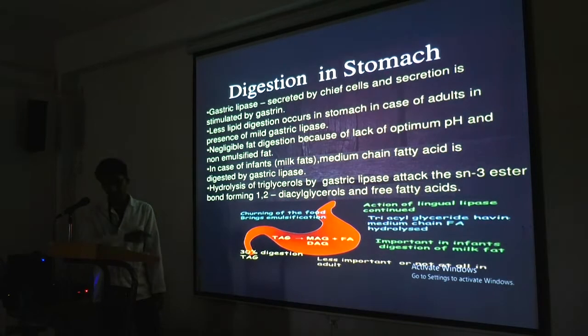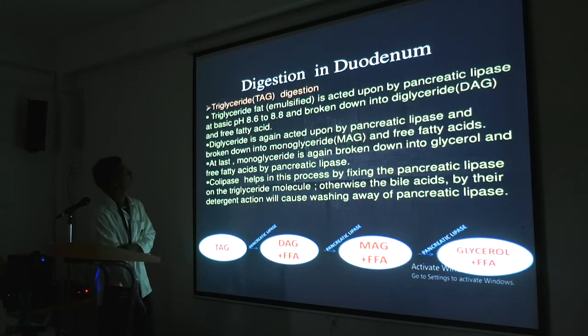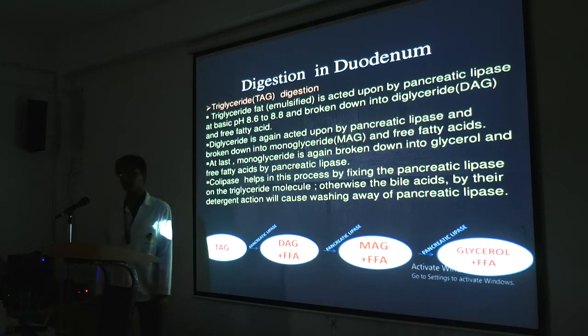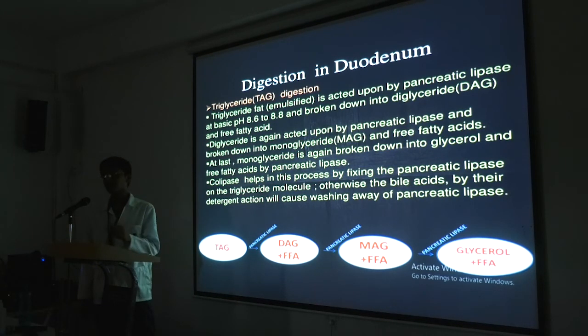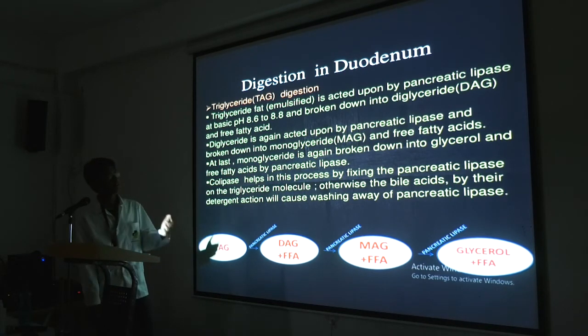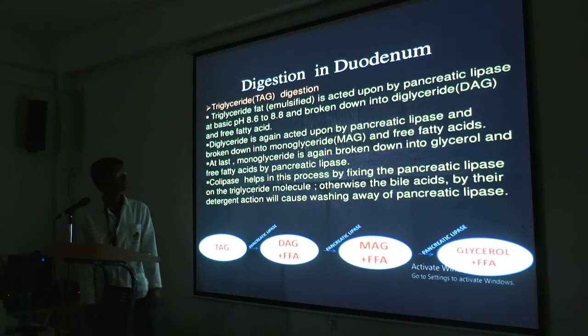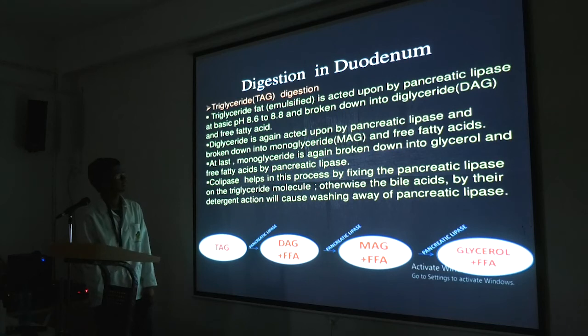Now going to digestion in the duodenum. This is the main digestion of lipid. Here we find triglyceride digestion. Triglyceride fat, triacylglycerol, is three fatty acids and one glycerol molecule. This is acted upon by pancreatic lipase, which works at a pH of 8.6 to 8.8 and breaks it down into diglyceride and free fatty acid.